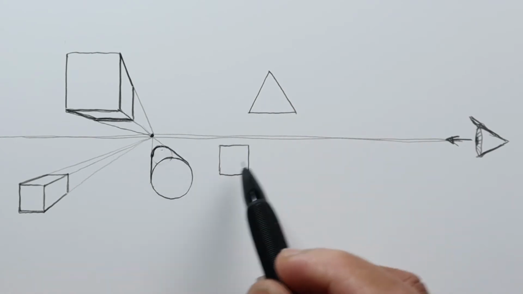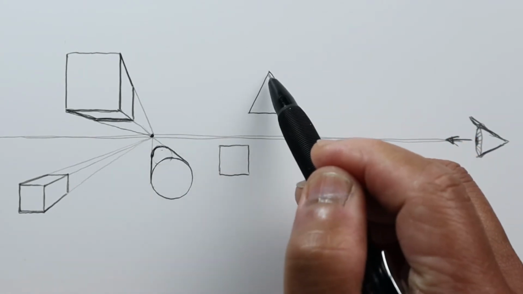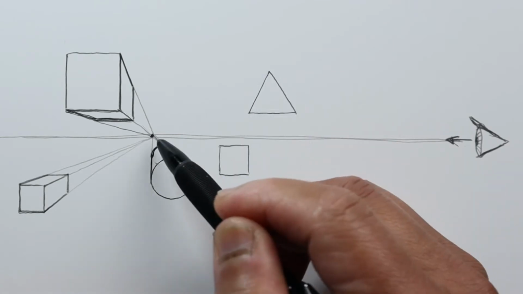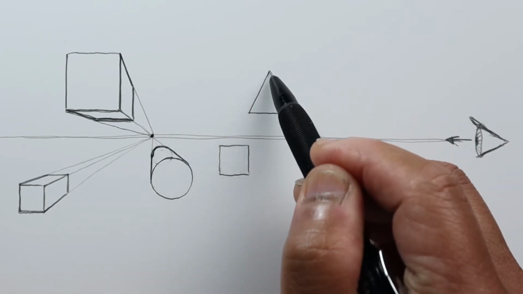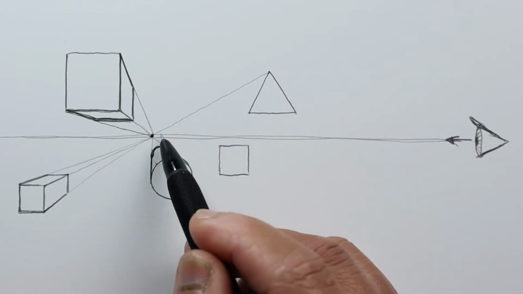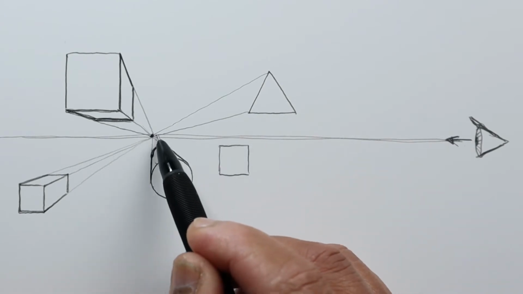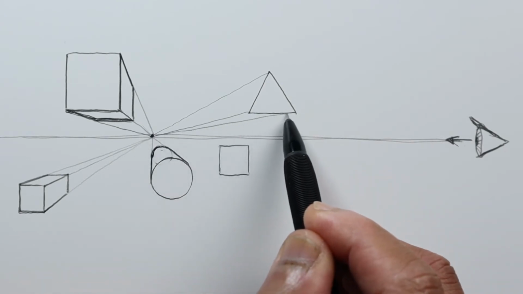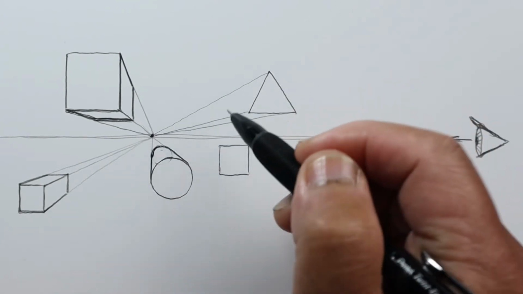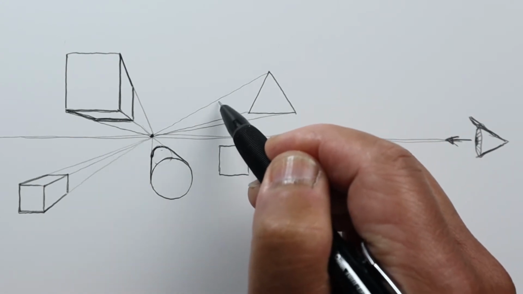And again, let's make this triangle three-dimensional. Again, we'll draw a line from the top of the triangle to the vanishing point, to that corner, and to the last corner. And again, just like with the circle, we'll draw a triangle here towards the back.